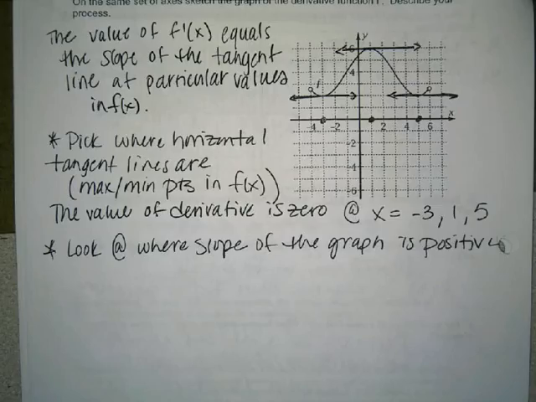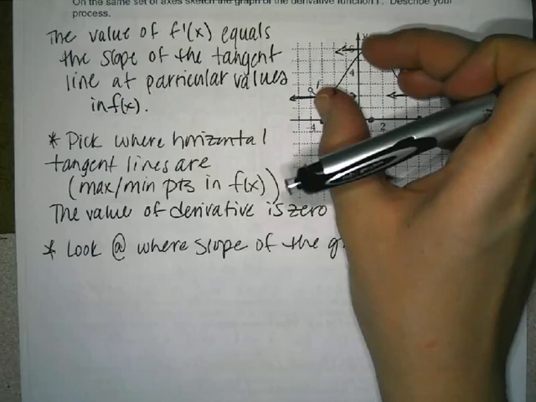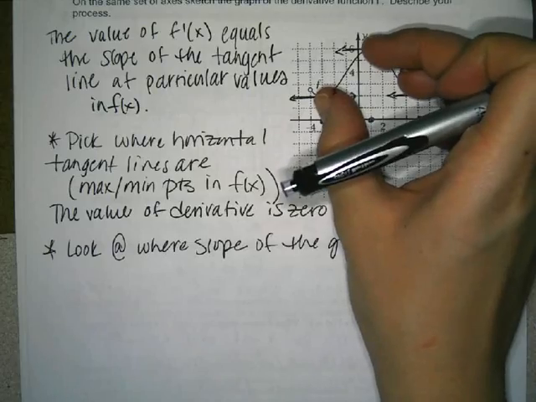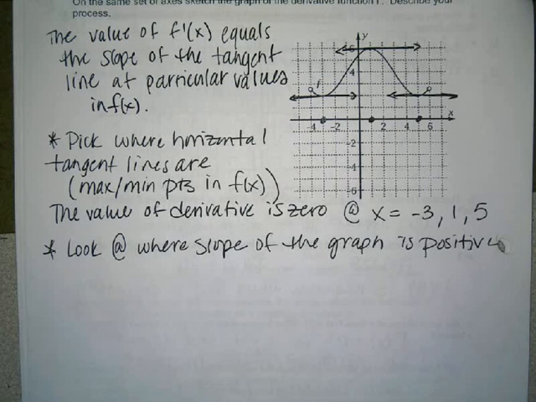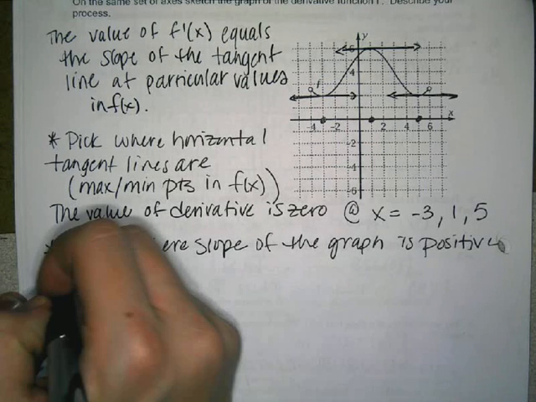From -4 to 1. Close. From -3 to 1. -3 to 1, and that's where my function is increasing, right? And then 5. So we would say the slope of the graph is positive. If I was to draw in a tangent line there, it would be a positive slope. So that occurs where the graph is increasing.